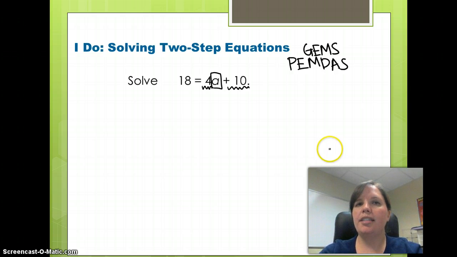Just like PEMDAS, you have to use a little bit of extra thought. It's not just go to the parentheses and do something to the parentheses. When we're solving, you're thinking about it as its opposite. So we're undoing all these operations. If you want to think about it, here's a good analogy. If you're getting dressed in the morning, you're putting on your shoes.